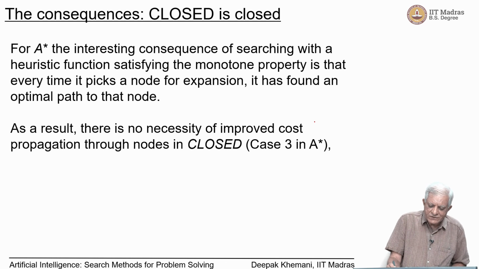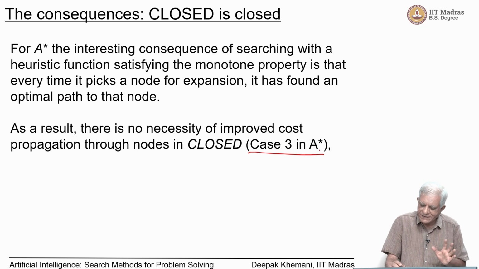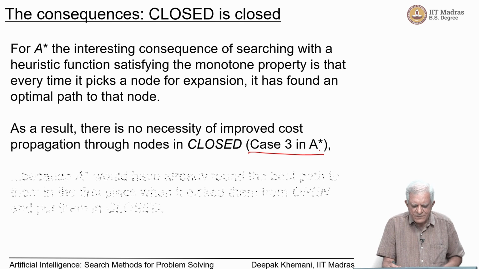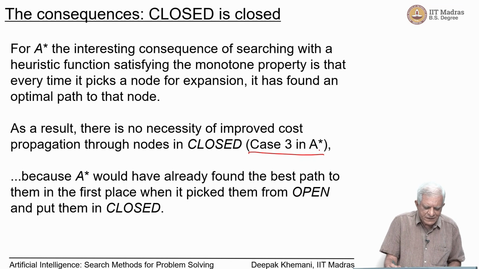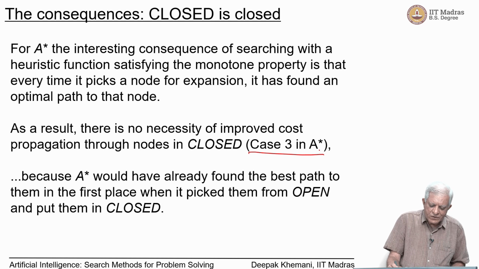As a result, there is no necessity of improved cost propagation in closed. That was case 3 in this algorithm A star. We do not need to do that anymore. So, we can simplify our algorithm, because A star would already have found the best path to them in the first place when it picked from open and put it into closed essentially.